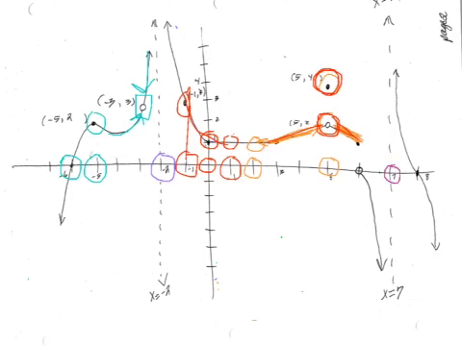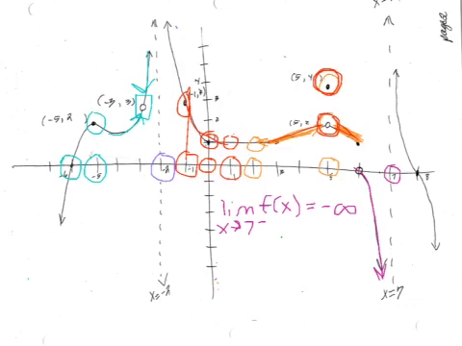So if we're coming in from the negative side, we're coming in this way, and the graph is tending towards negative infinity on that side of the asymptote. So the limit as x approaches 7 from the negative side of f of x is negative infinity.